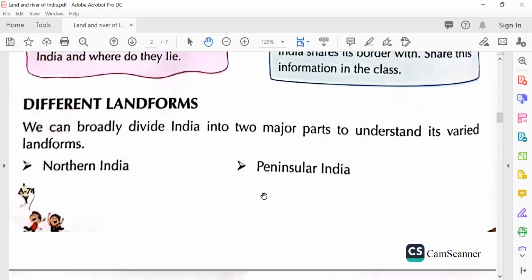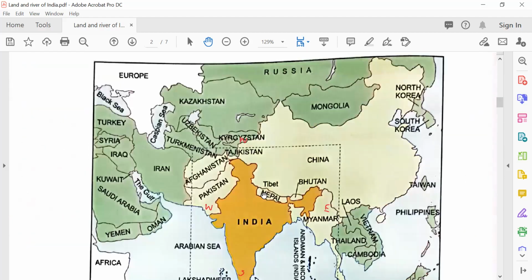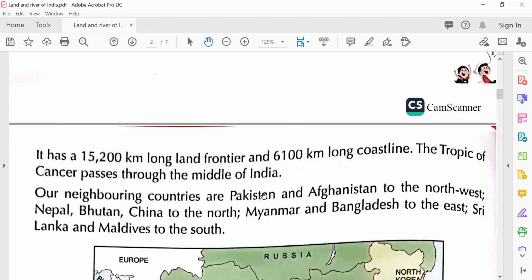So these are the landforms. I hope you enjoyed reading it. The land frontier is 15,200 kilometers long and the coastline is 6,100 kilometers. So what will the answer be? 6,100 kilometers. This much is land, and this one is coastline. Okay, 6,100.